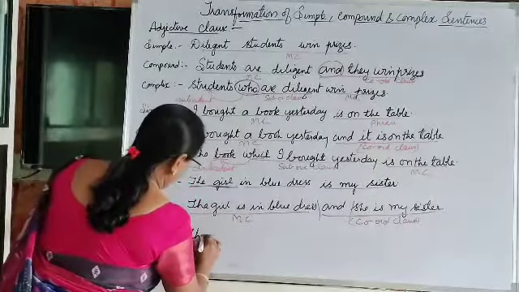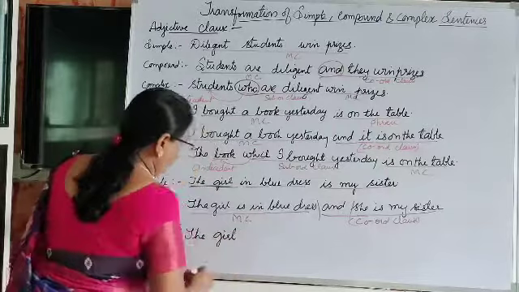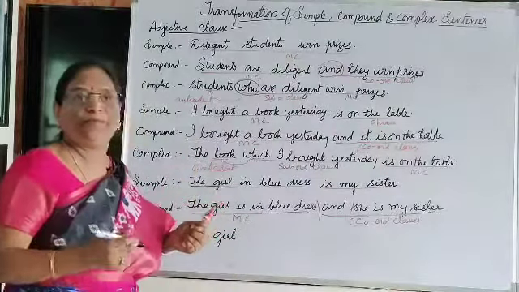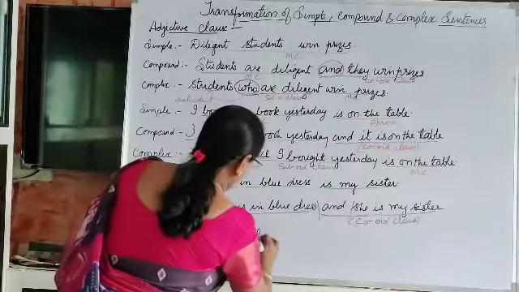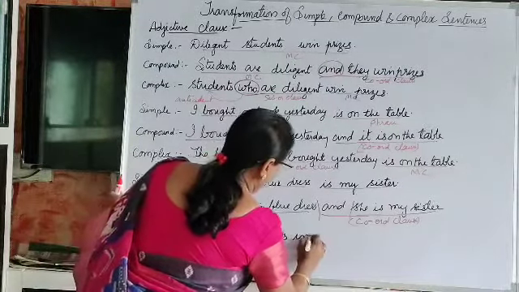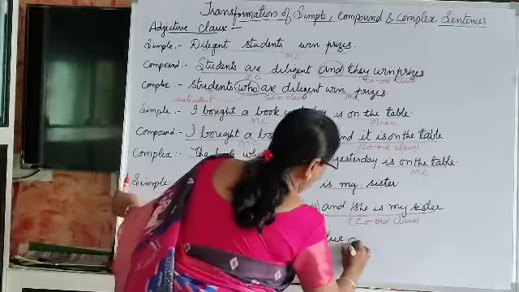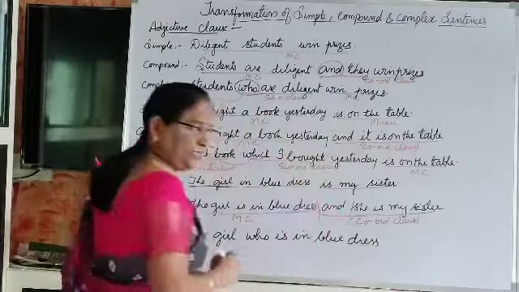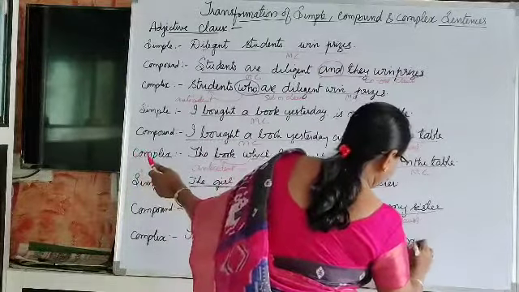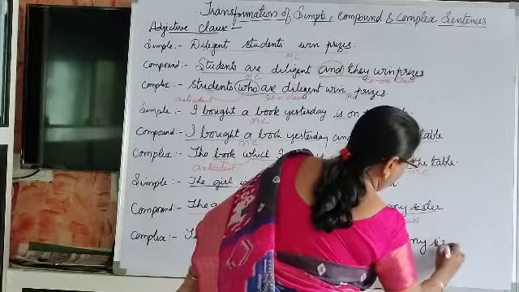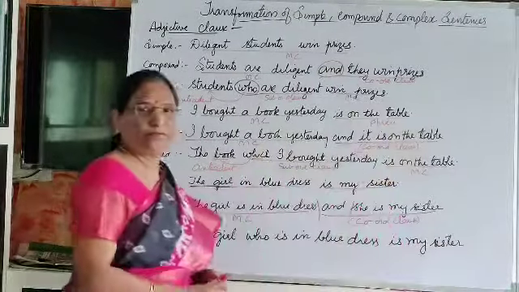And now when we change this into complex, how do we change? The girl, which girl? What kind of girl? The girl who is in blue dress is my sister. Understand?